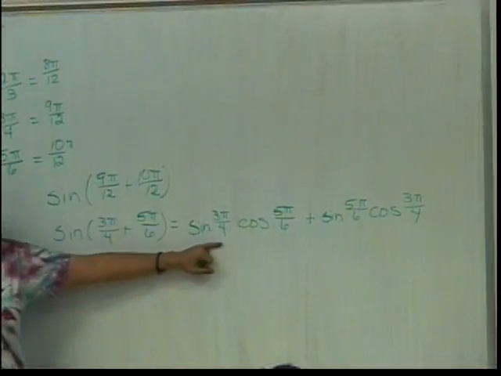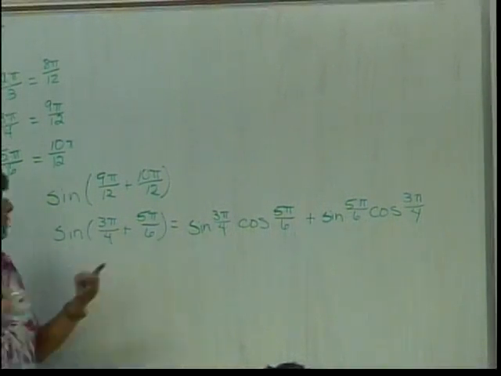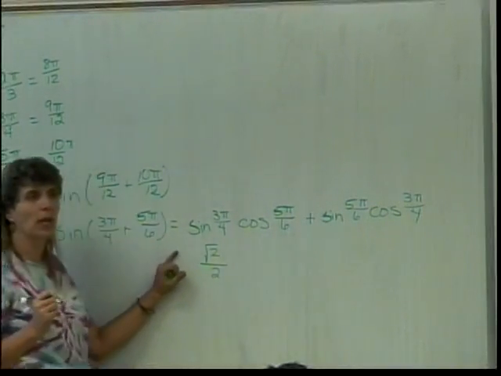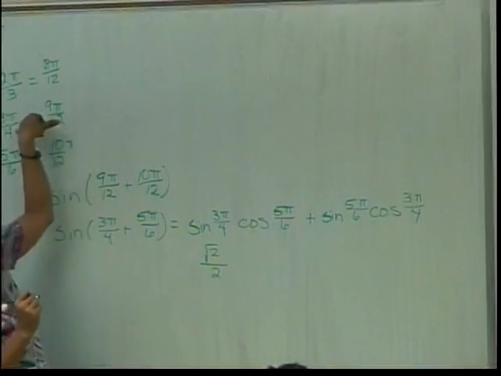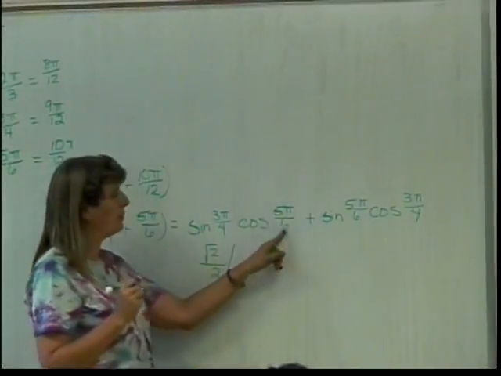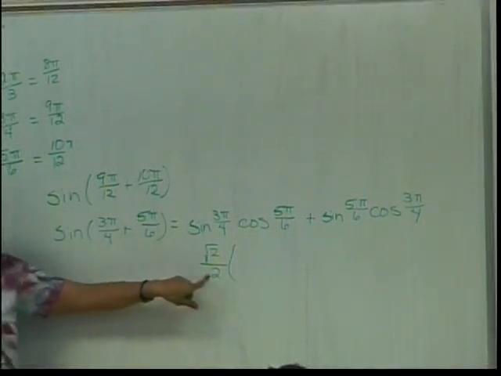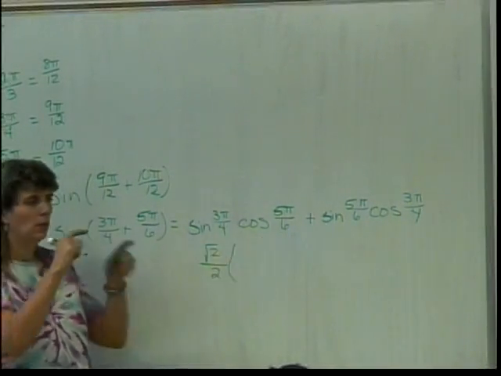All right, what's the sine of 3 pi over 4? So it's related to the square root of 2 over 2. Is it going to be positive or negative? In quadrant 2, sine is positive, so that gets to be positive. What's the cosine of 5 pi over 6? No, because that's a 6, so it's not going to be over square root of 2.